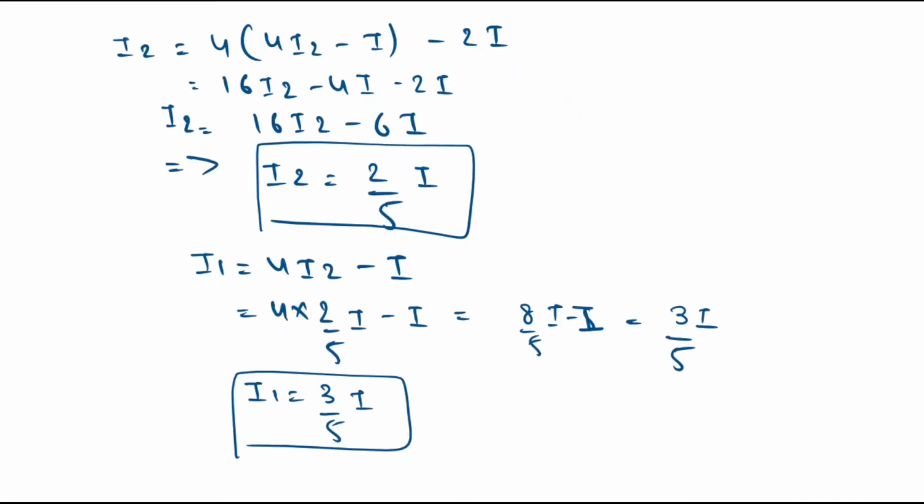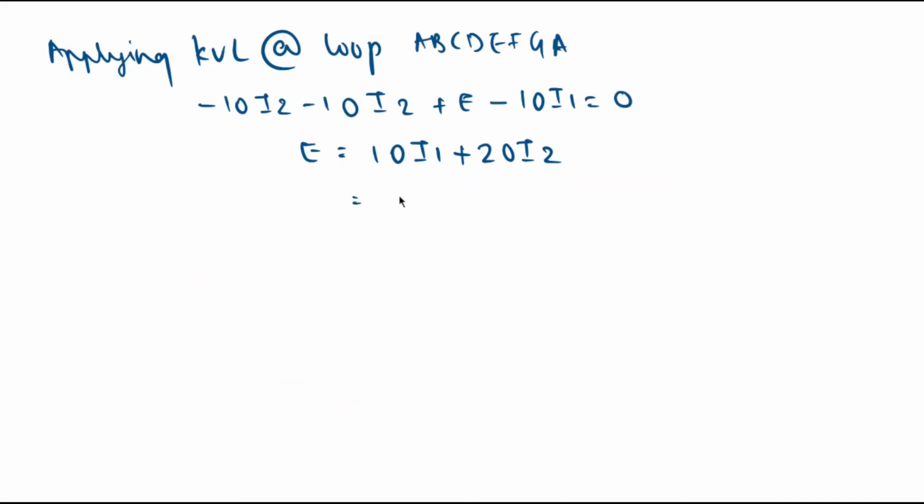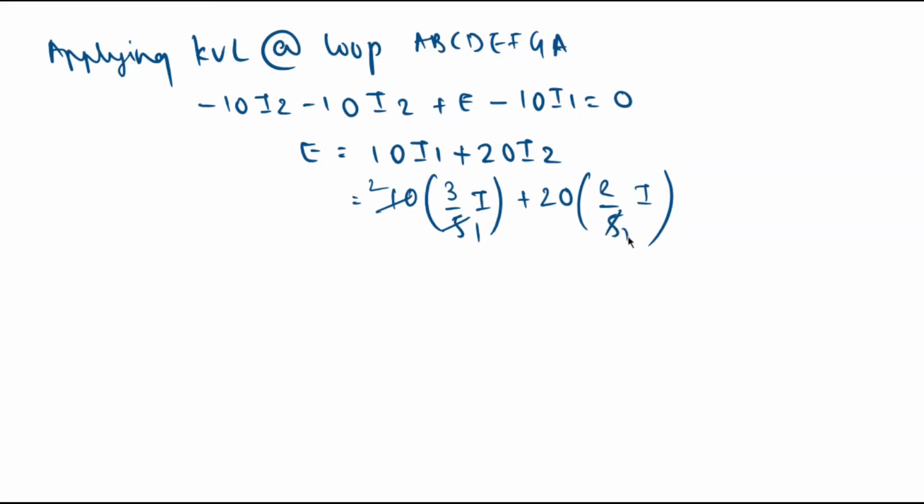Now let's put the values of I1 and I2. So I1 we got 3 by 5 I and I2 we got 2 by 5 I. So E will be 10 into 3 by 5 I plus 20 into 2 by 5 I. So 5 ones are 5, 5 twos are 10, 5 fours are 20. So E will be equal to 6I plus 8I.